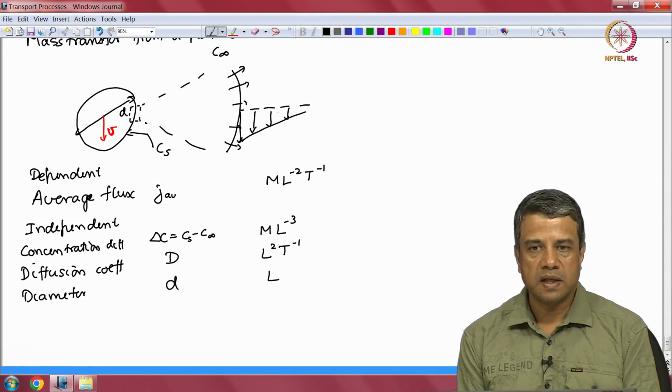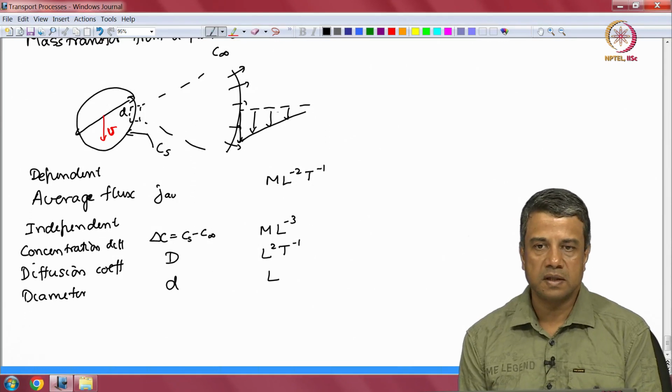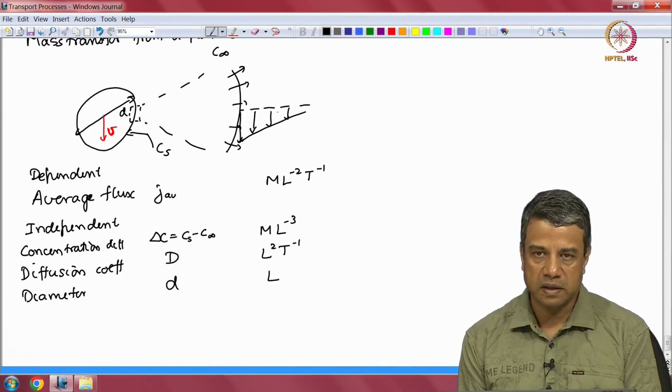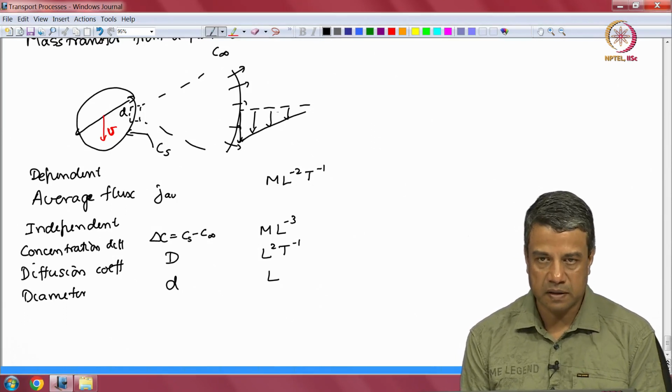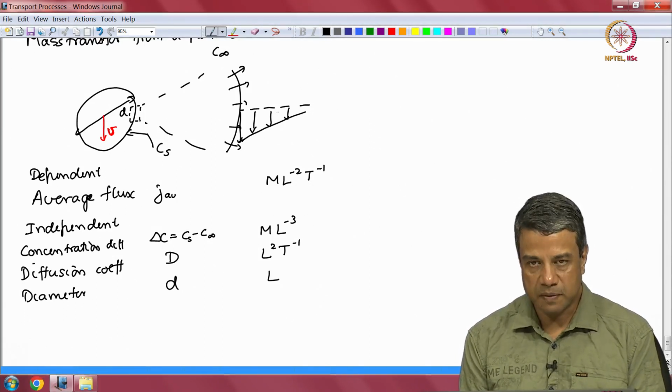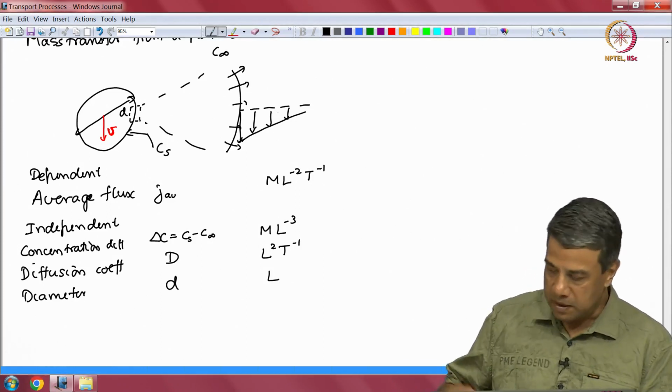Now, transport is taking place due to diffusion at the surface, but within the fluid the transport is taking place due to convection. Convective transport depends upon the details of the velocity field. So, the fluid properties as well as the flow velocity are all independent parameters.